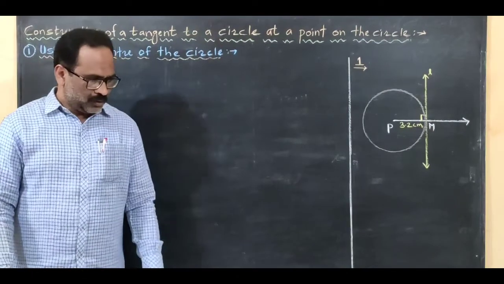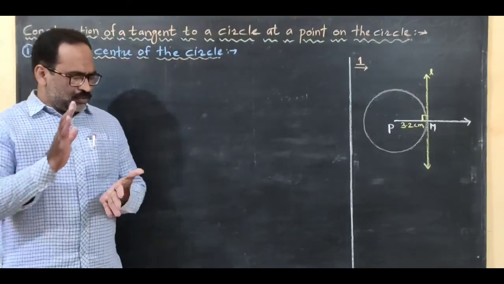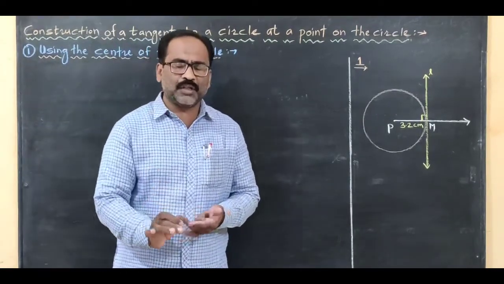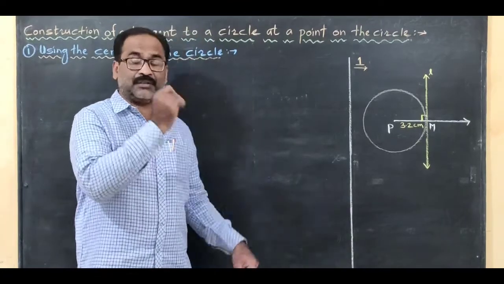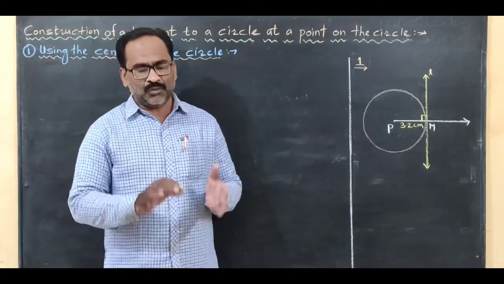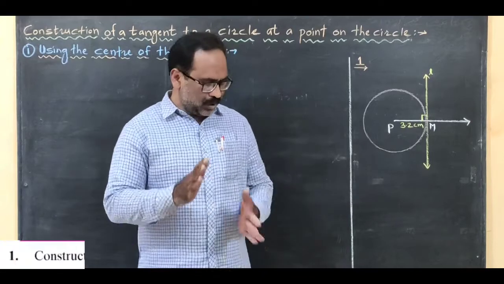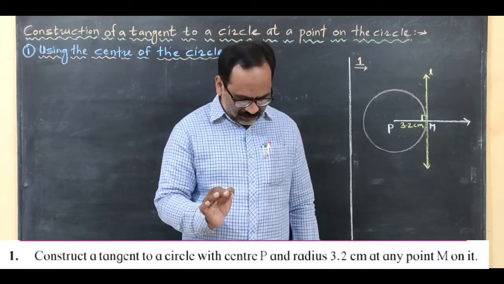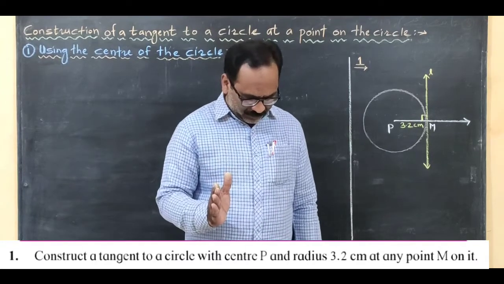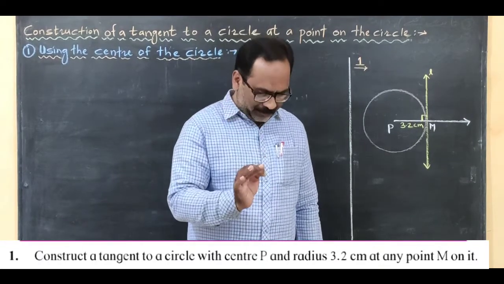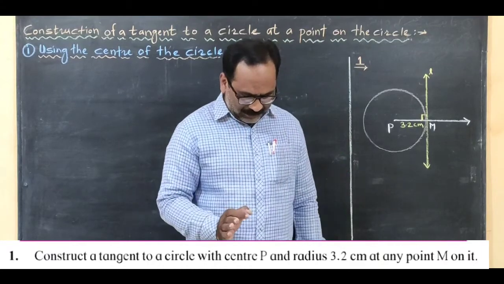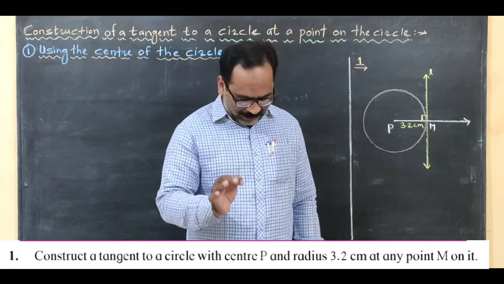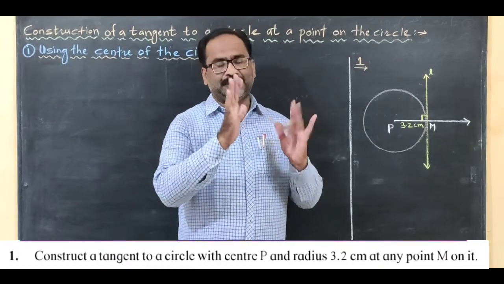Clear? So the first question of practice set 4.2 is on this construction. We start this question. Question number 1 is: construct a tangent to a circle with center P and radius 3.2 centimeter at any point M on it.